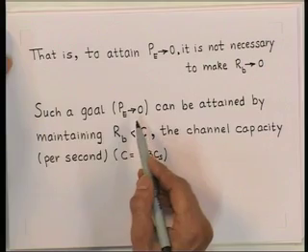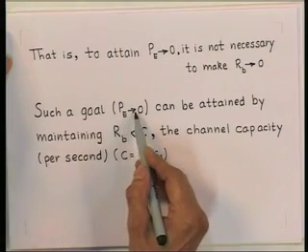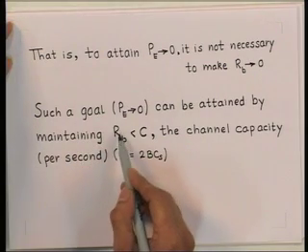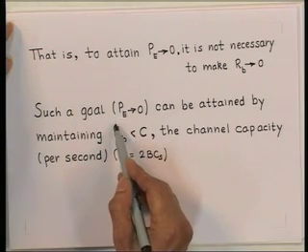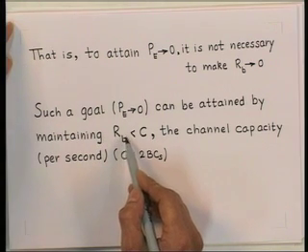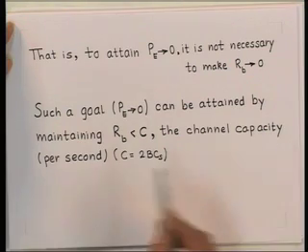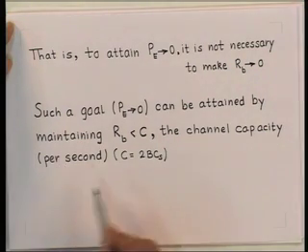Such a goal can be attained by maintaining the rate of information less than C, where C is the channel capacity defined per second.